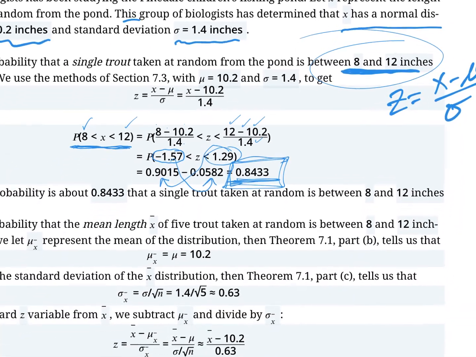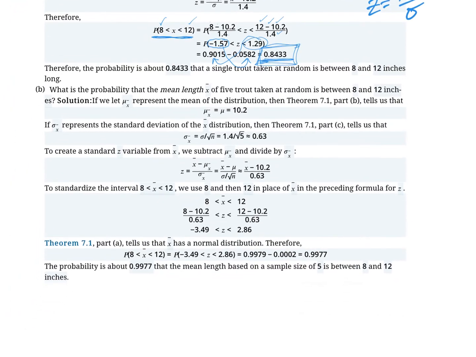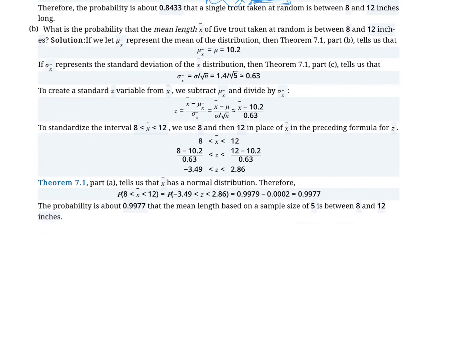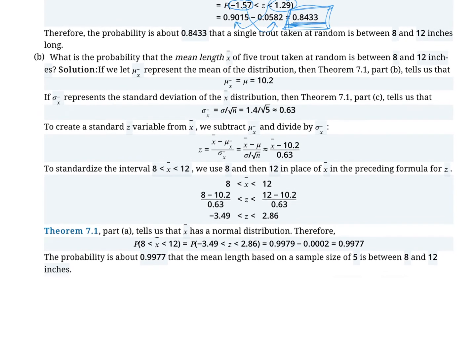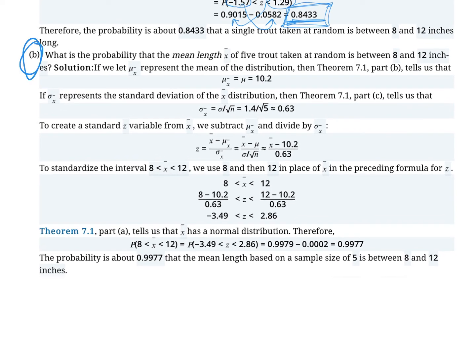Let me show you the difference now between 7.3 and 7.4. We are right here now. New question. What is the probability that the mean length, x bar, of 5 trout? Now I'm doing this.